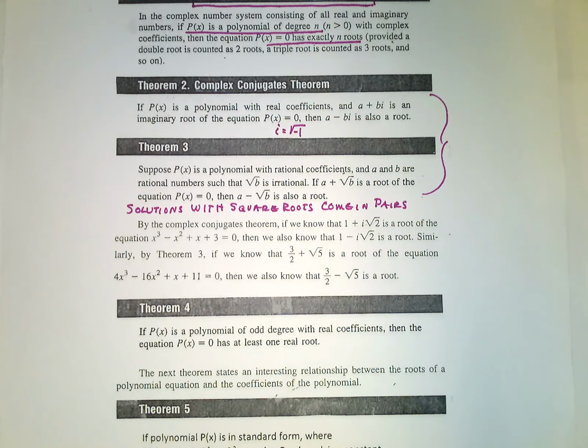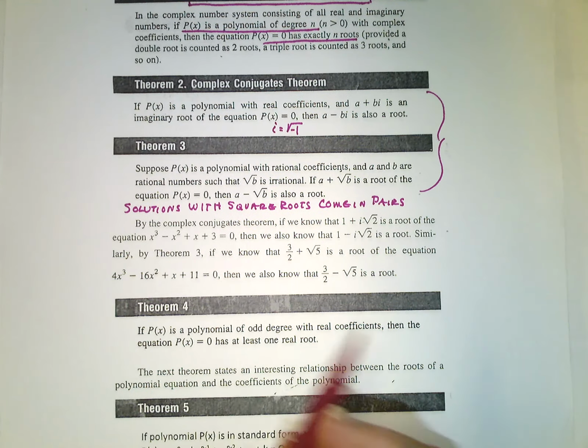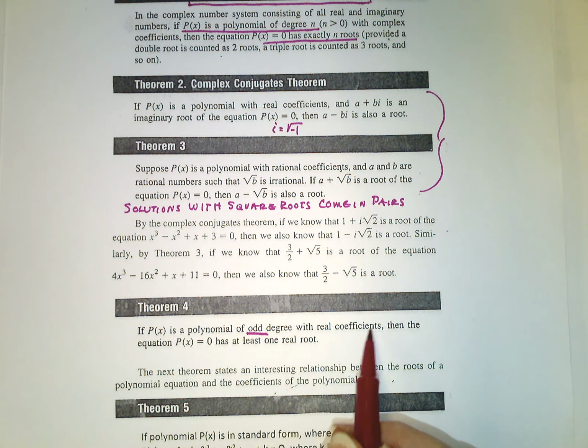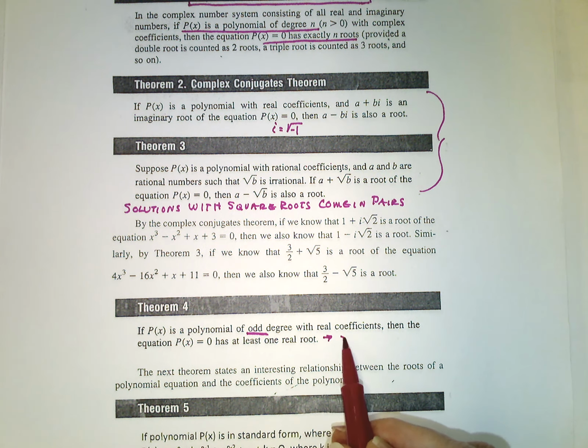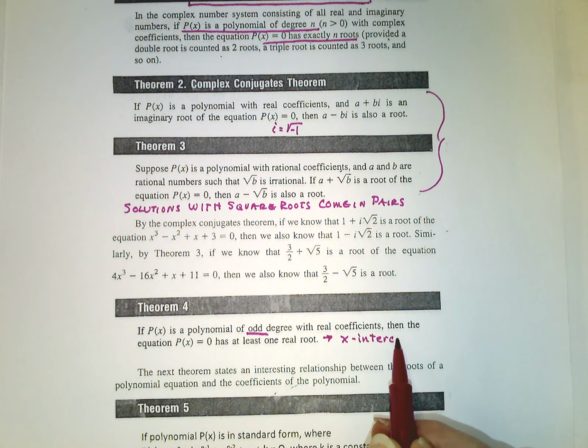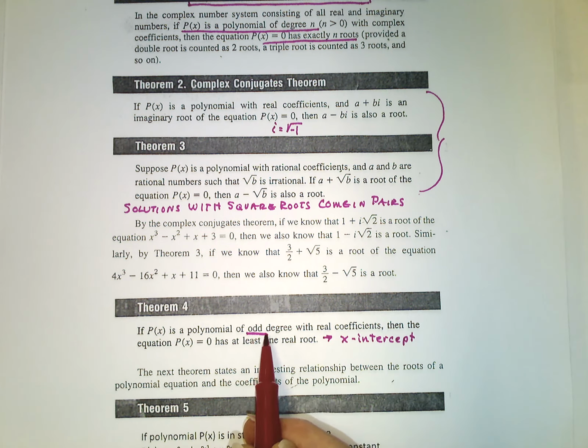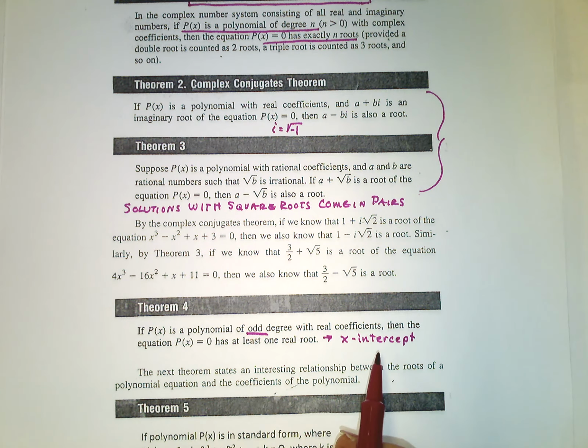Theorem 4. If a polynomial of odd degree has real coefficients, then automatically it has at least one real root, which implies it has at least one x-intercept. They're saying if it's an odd degree function, it has to cross the x-axis at least once.